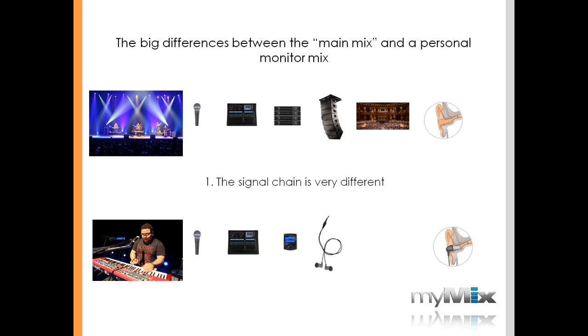From there, through the speakers, into the venue, and engineers and audience are listening to it with their open ears. In monitors, the signal is picked from the console to the personal monitor mixing system, and from there, through the in-ear monitoring, directly into the ear. There is no room influence or any speaker involved.